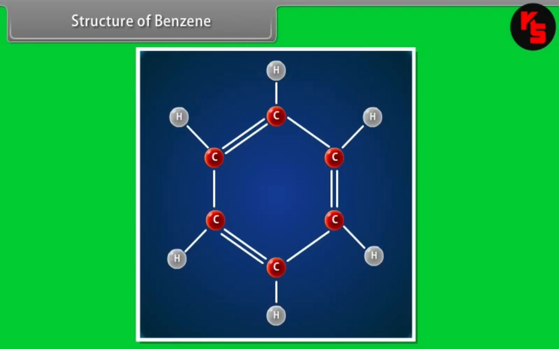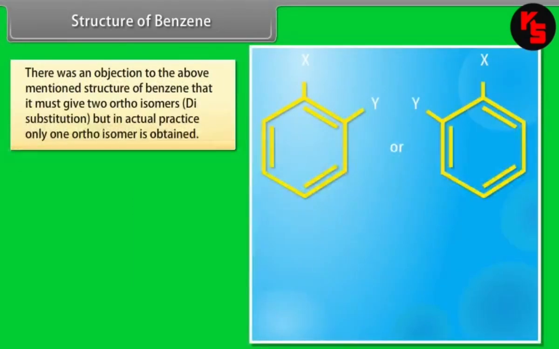There are 3 alternate double bonds between 2 C atoms to complete the 4th vacancy of carbon. There was an objection to this structure of benzene that it must give 2 ortho isomers, di-substitution, but in actual practice only one ortho isomer is obtained.